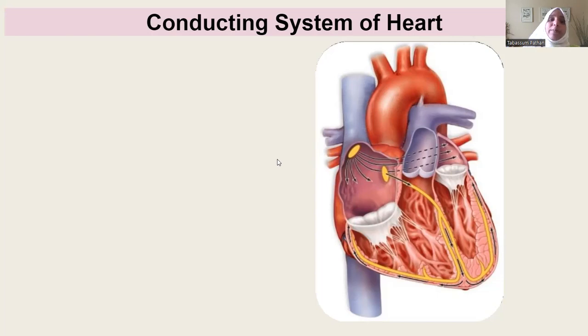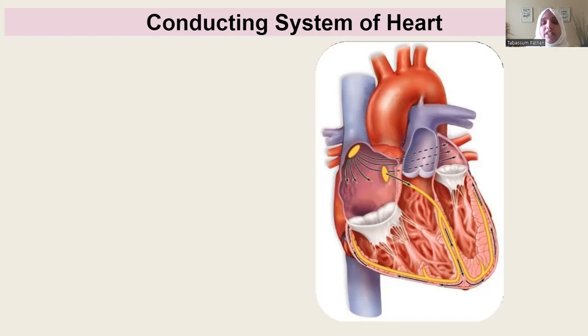When I'm talking about the pumping action of the heart, what I mean is the contraction and relaxation of the heart. When the deoxygenated blood is filled in the auricles and then brought to the ventricles, the ventricles will respectively give the deoxygenated blood to the pulmonary trunk and the oxygenated blood to the aorta.